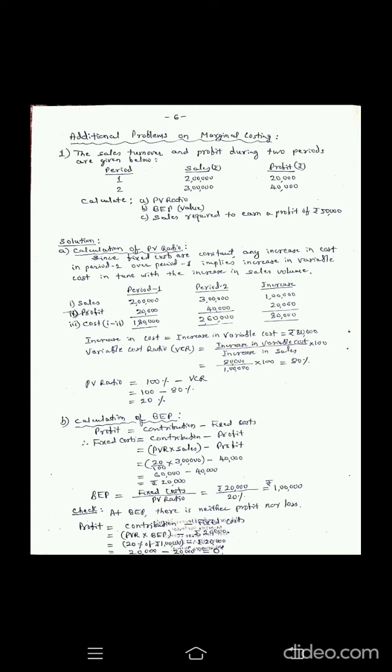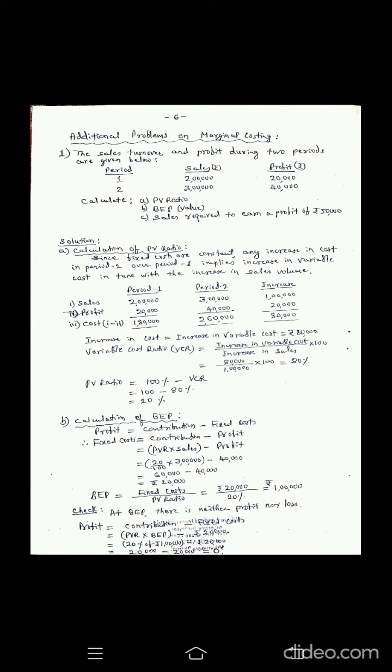It should be noted that fixed costs remain constant. Any increase in cost in period 2 over period 1 therefore implies increase in variable cost in tune with the increase in sales volume.